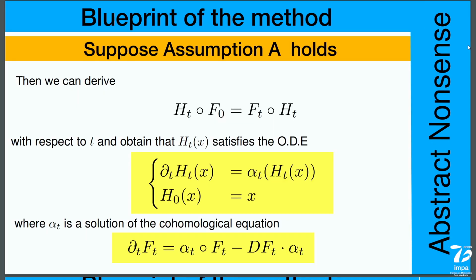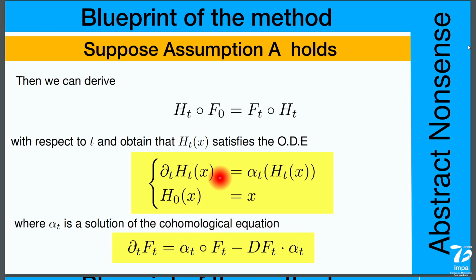Okay, so if you differentiate this family of conjugacies with respect to t, I'm not doing the calculation, you can find that this family of conjugacies satisfies this ordinary differential equation here, okay? And it turns out that this alpha t that defines this ordinary differential equation is a solution of this cohomological equation here.